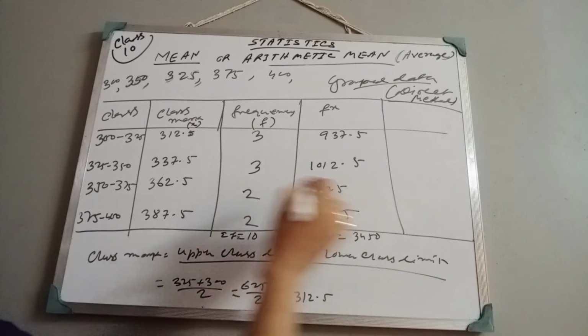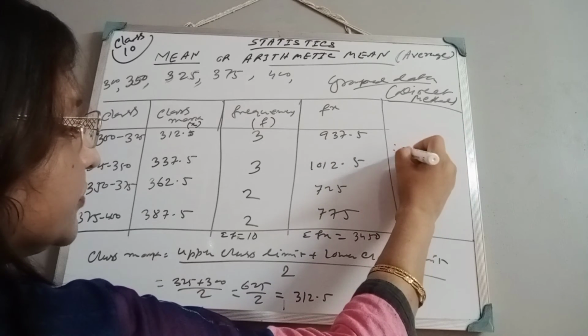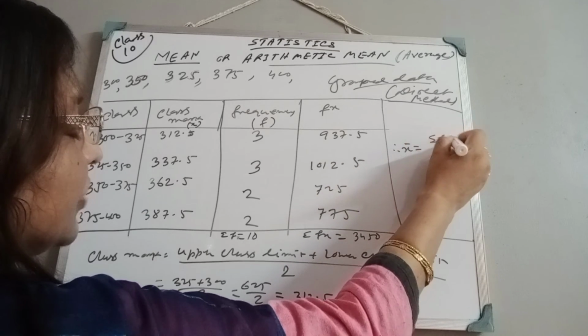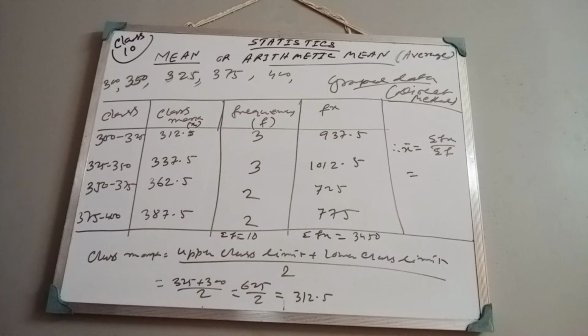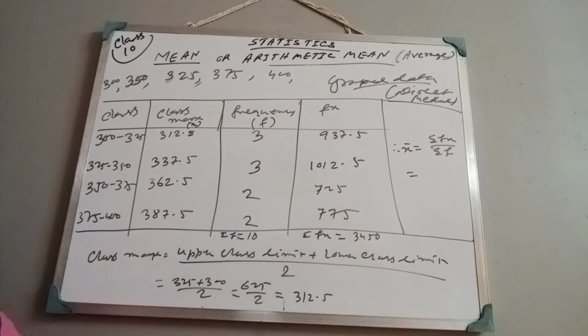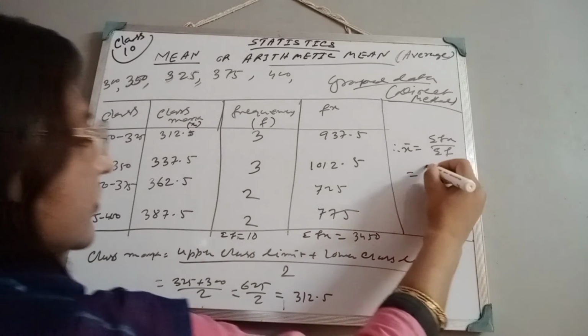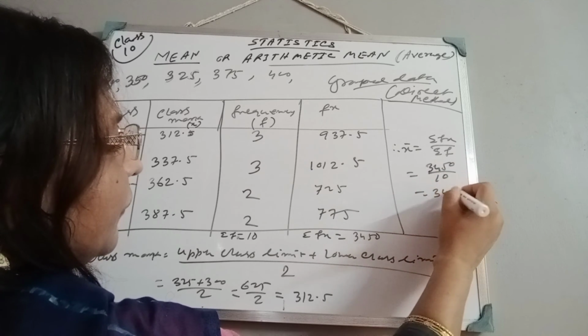Therefore, x bar equals sigma fx by sigma f. This is the direct method. If a class is given, we have to find the class mark, then frequency, then fx, then sigma fx by sigma f. That is 3450 by 10, and we get 345.